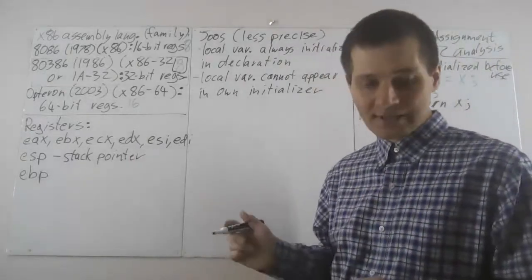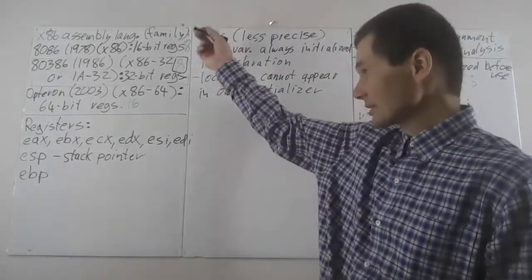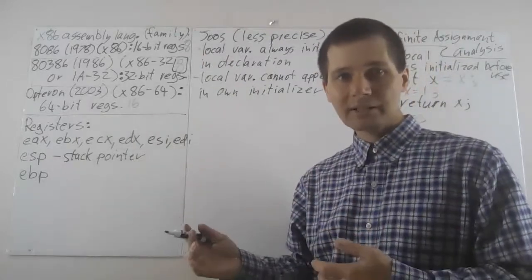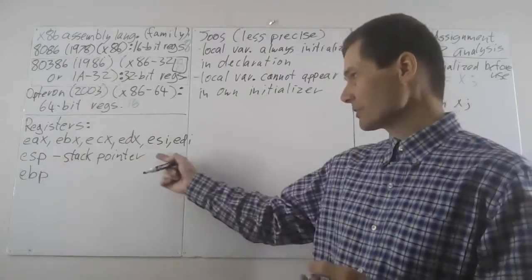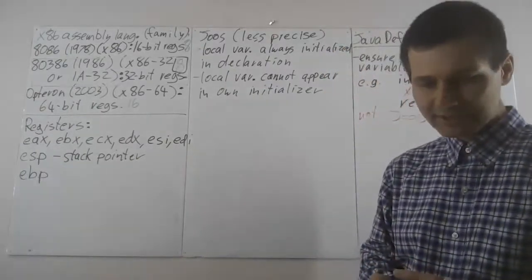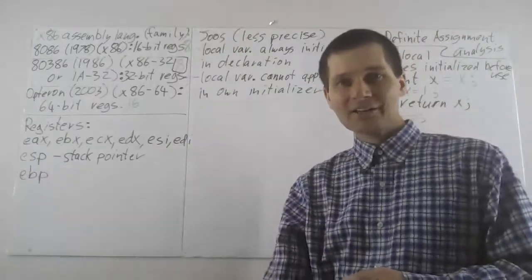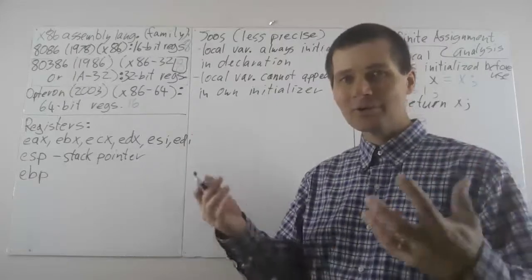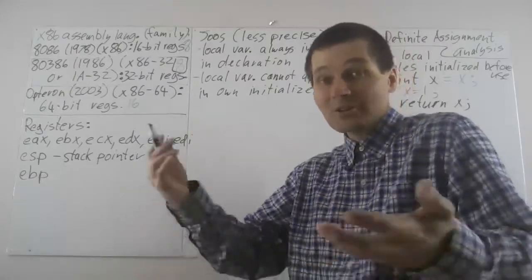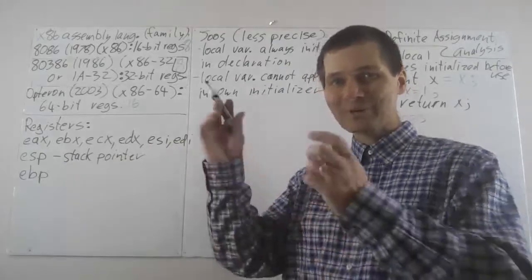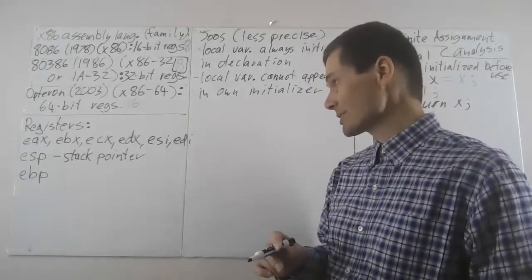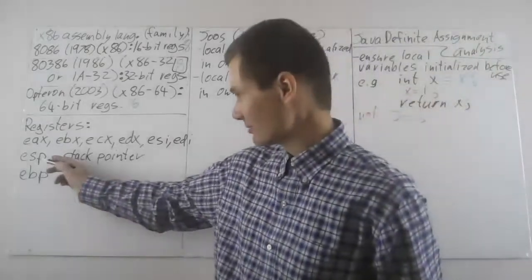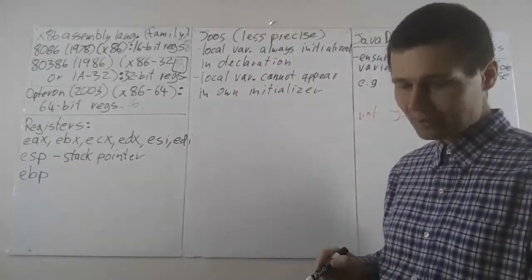Part of the reason is that the instruction set actually has explicit instructions to push and pop things onto the stack, and they assume that the stack pointer is in ESP. If you were taking 241, there you would implement your own implementation of pushing and popping onto the stack, but after you picked a specific register, well, x86 has special push and pop instructions, and they assume that ESP is your stack pointer.